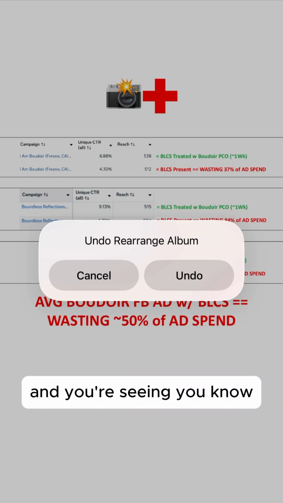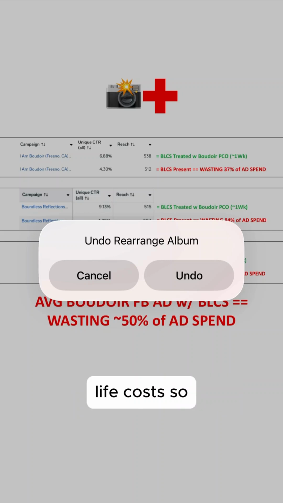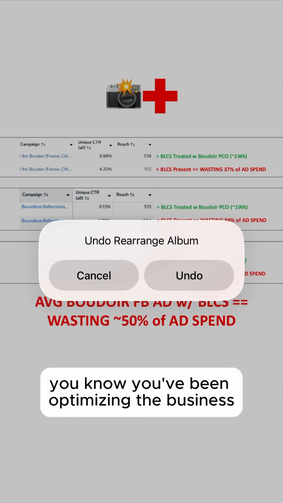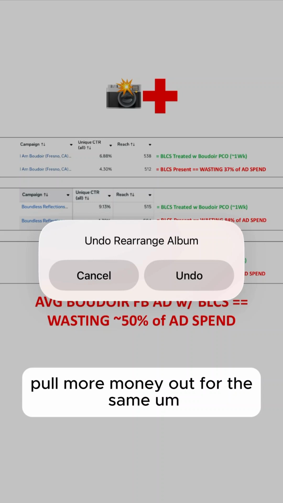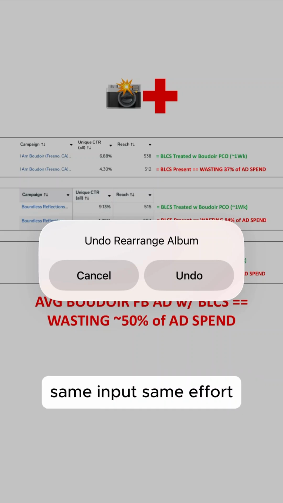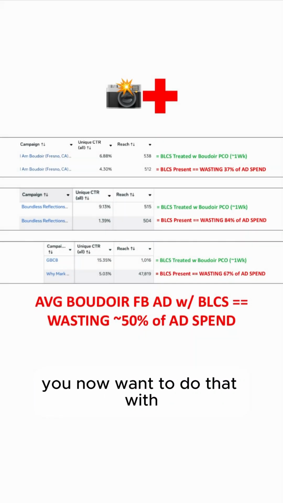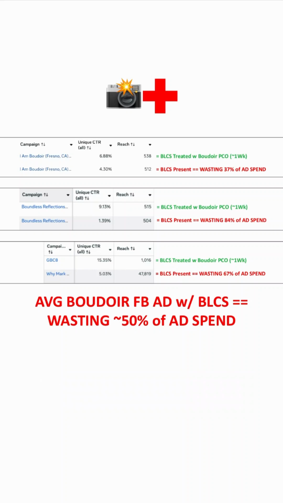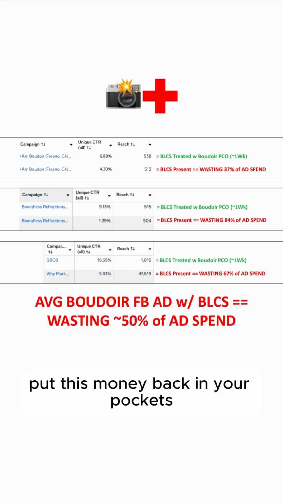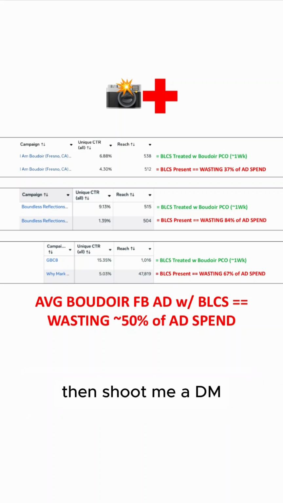And you're seeing inflation and living costs. So you've been optimizing the business, pulling more money out, optimizing other places, pulling more money out for the same input, same effort. And you decide you now want to do that with the Facebook ads part of your business, plug these holes, become more efficient, put this money back in your pockets, then shoot me a DM.